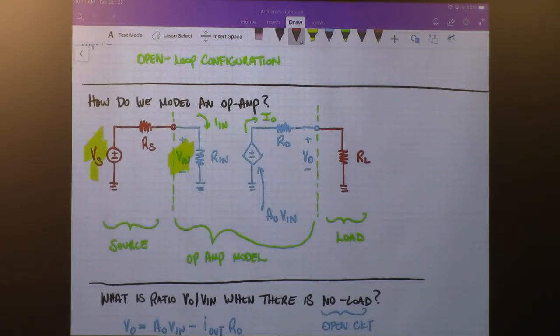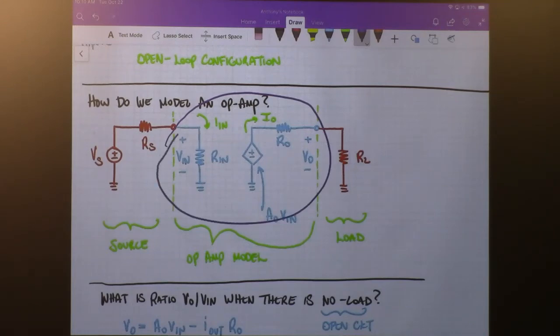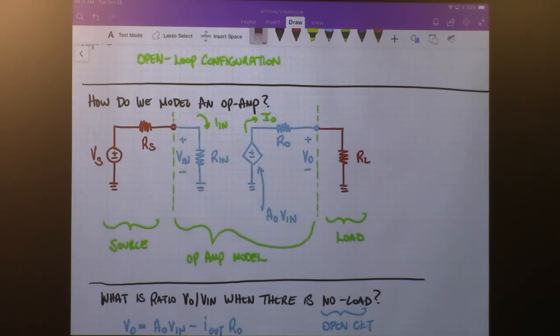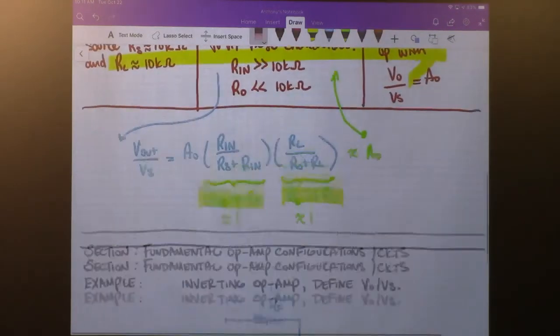We said that this op-amp, given some assumptions, gives us a relatively good representation of the way that an op-amp works. So this piece here, if we cut like that, we're going to take that chunk and insert it in the other circuit.